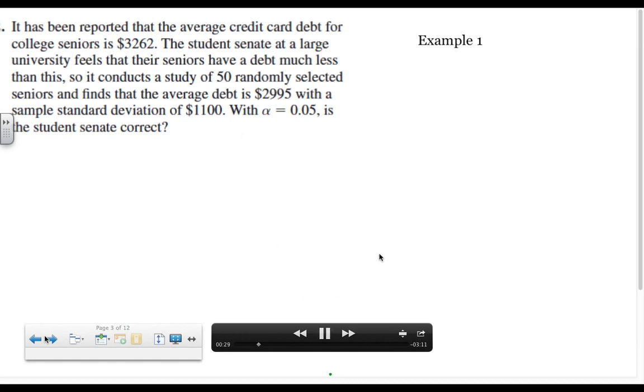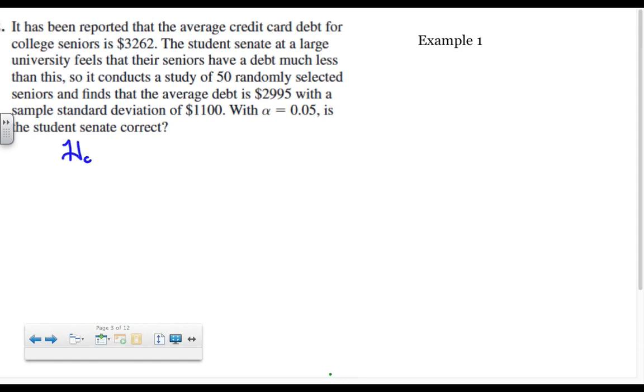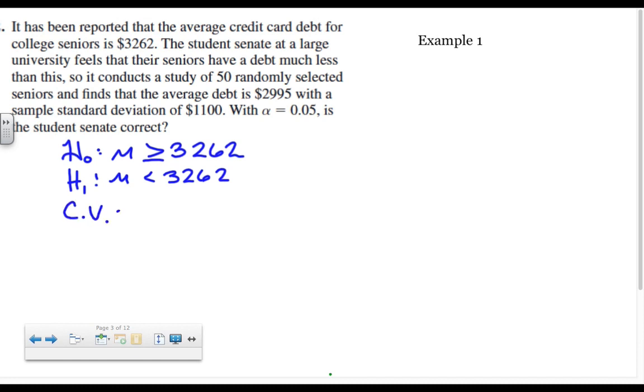So the very first thing that we're going to do is to state our hypotheses. First of all, the null hypothesis is that their data will be the same or greater than 3,262. And the alternative hypothesis, which is what we want, is that our data will be less than 3,262. So our critical value, if you look in your chart, is negative 1.65.